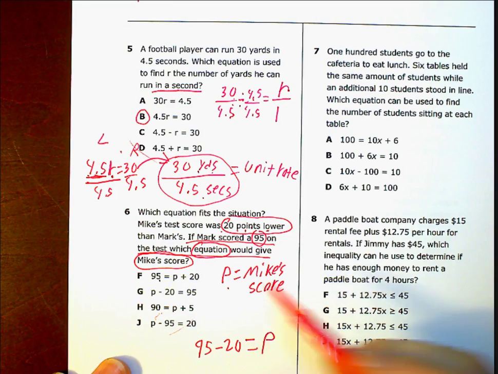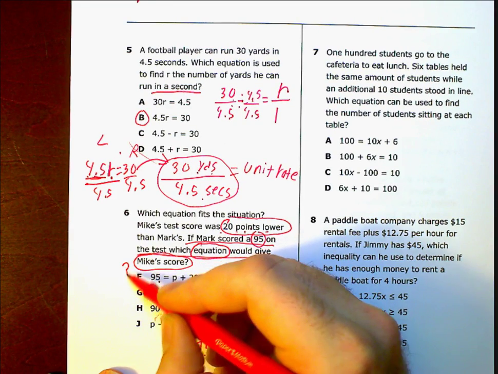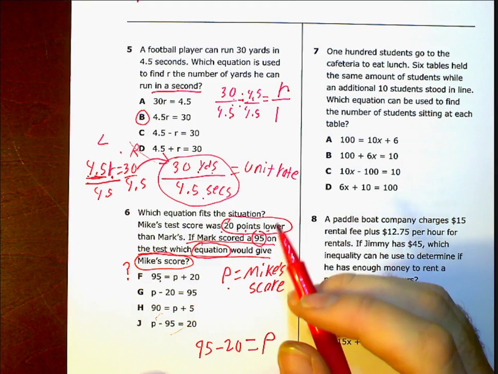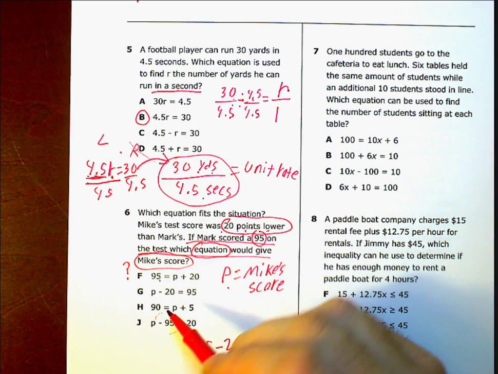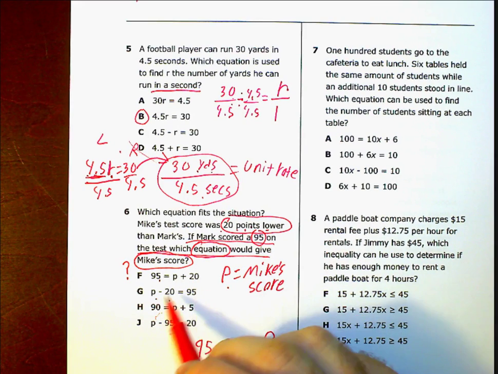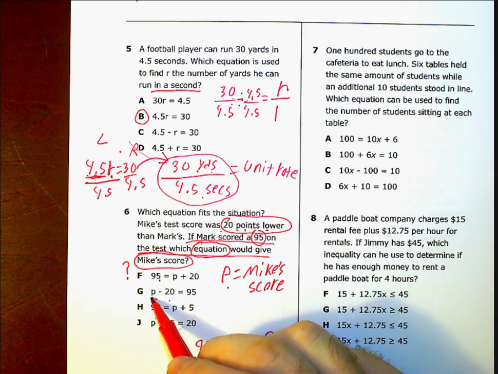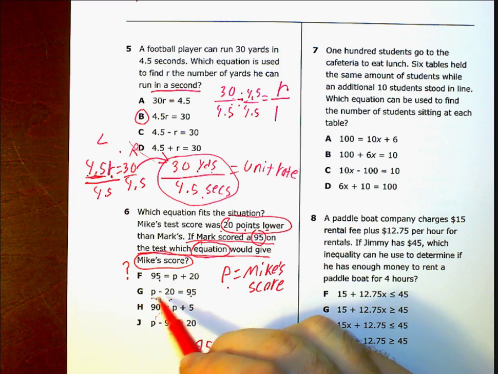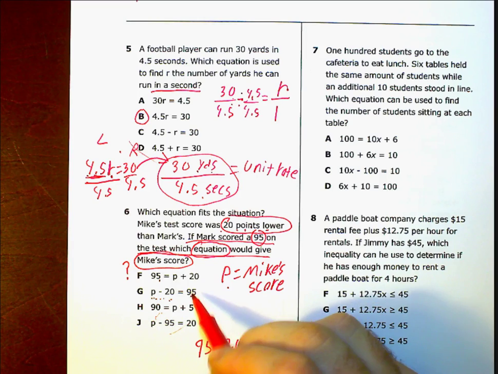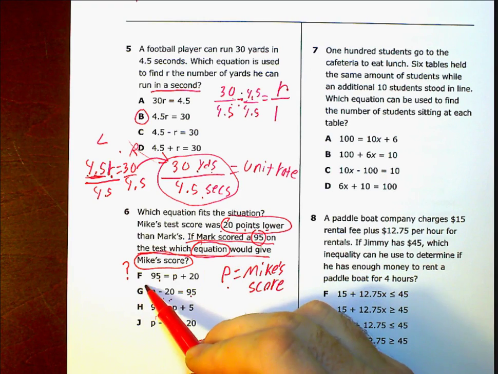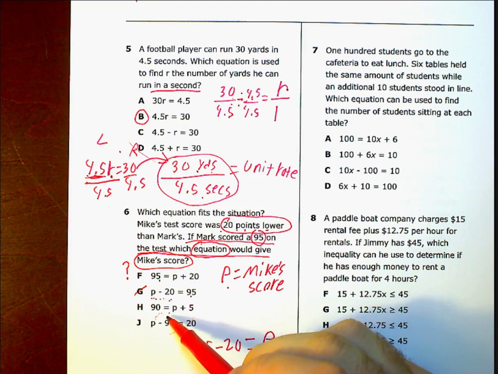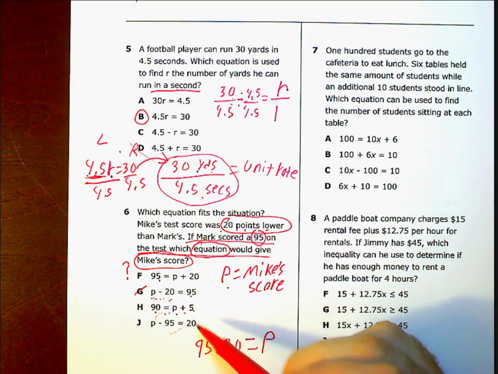That might be it. Let's draw a question mark by that to see if that holds, if that's closer than any of the other ones. P minus 20. Well, G is saying Mike's score minus 20 equals Mike's score, or Mark's score minus 20 equals Mike's score. And that's clearly not what it says in here, so we know that one's wrong. Let's look at what H says. H says Mark's score equals Mike's score plus 5.